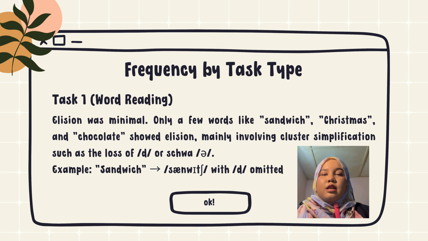For the first task, word reading, elision was minimal. Only a few words like sandwich, Christmas, and chocolate showed elision, mainly involving cluster simplification, such as the loss of d or schwa sounds. For example, instead of "sandwich," it becomes "sandwich," with the d sound omitted.